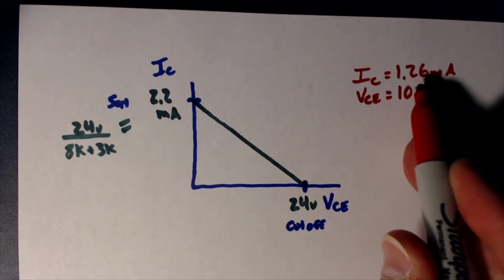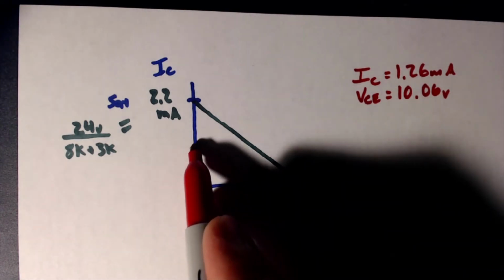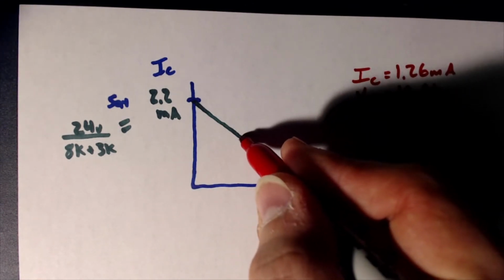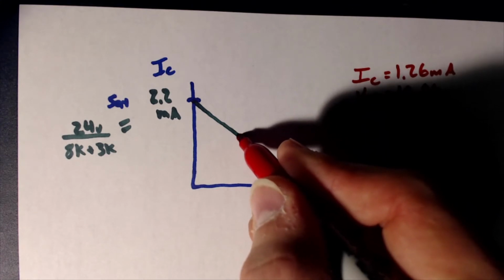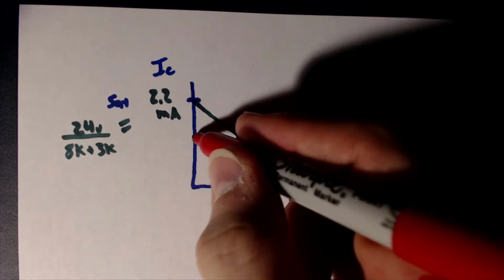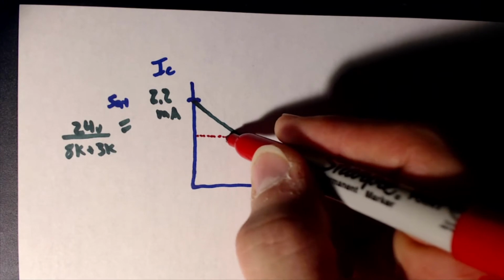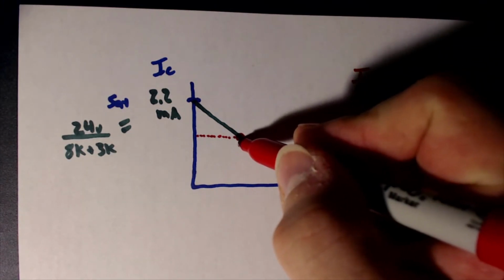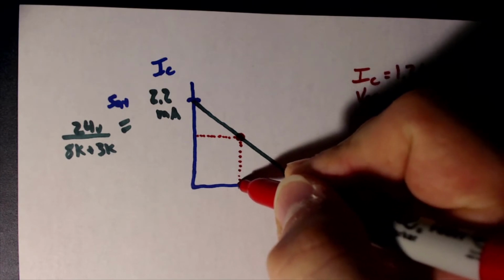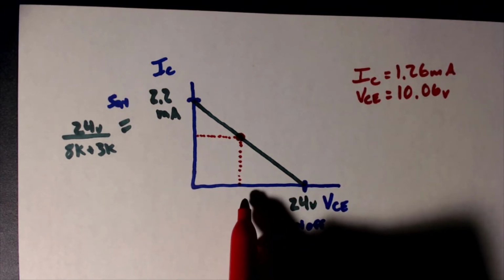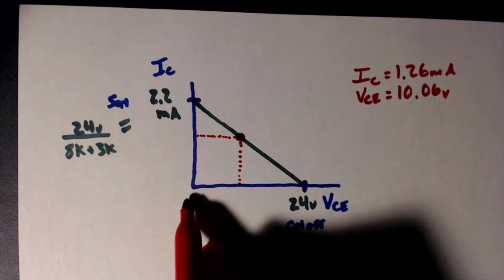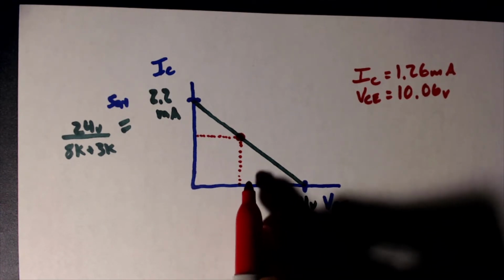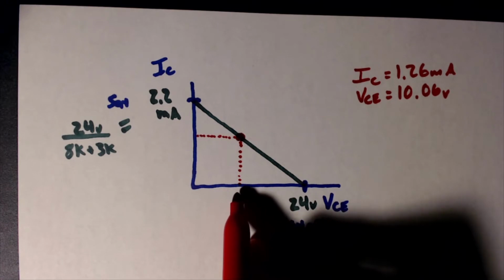IC 1.26, just a little above the halfway point. So maybe right about here. And notice that should be just a little less than halfway. So if the halfway point is 12 volts, should be a bit less than that.